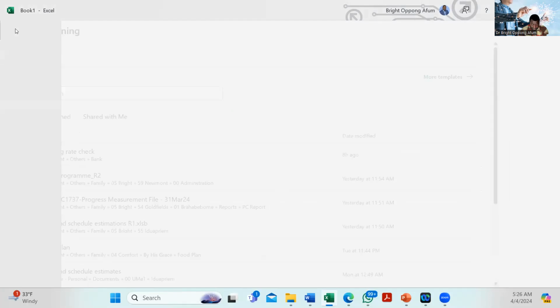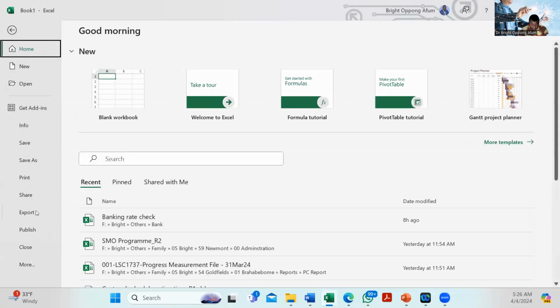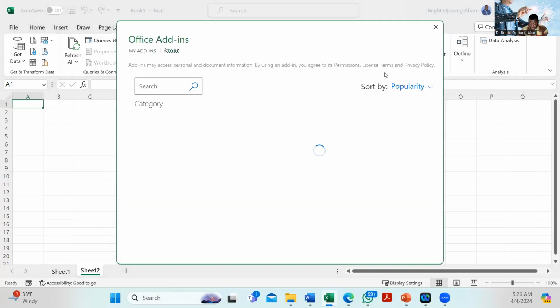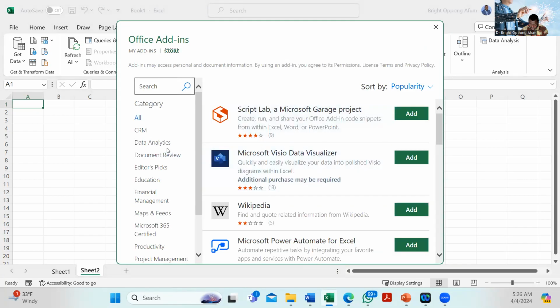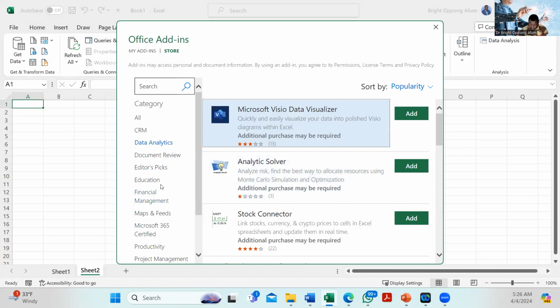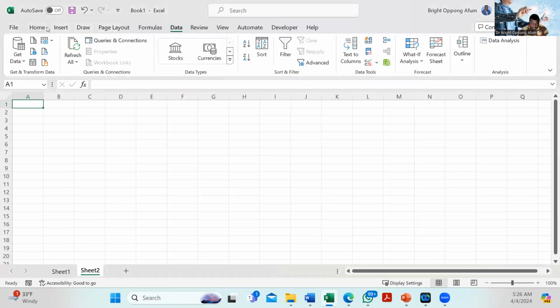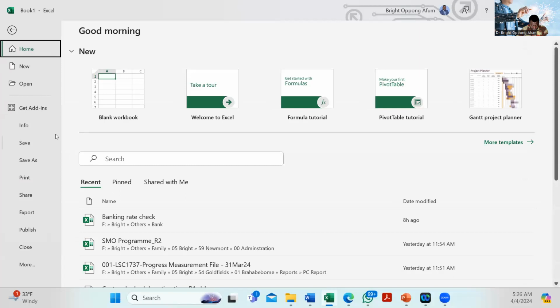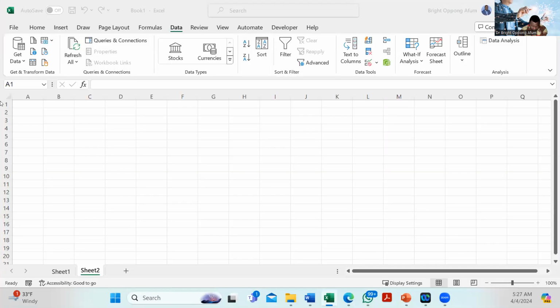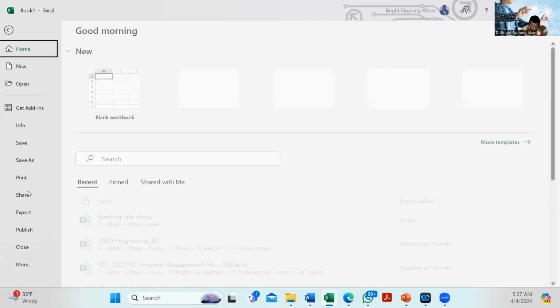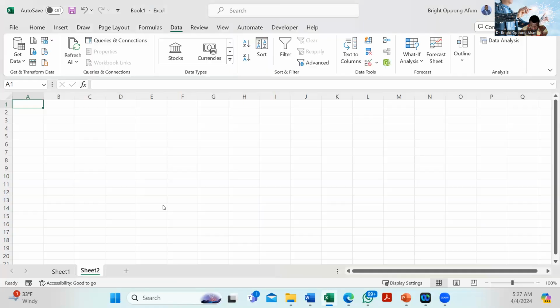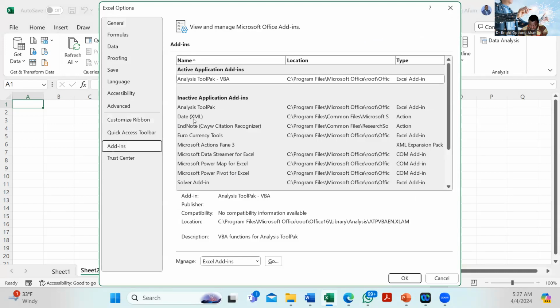I think, file, and add it as an add-in. File and options, and we should see add-ins here.